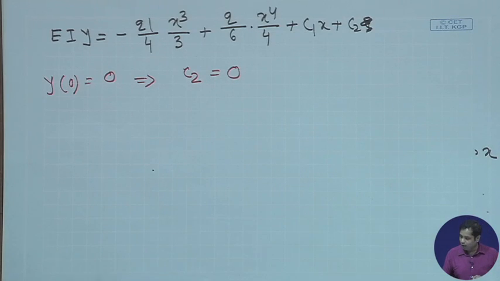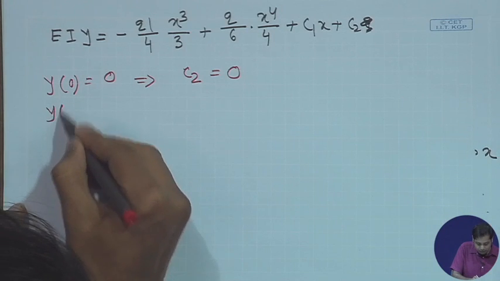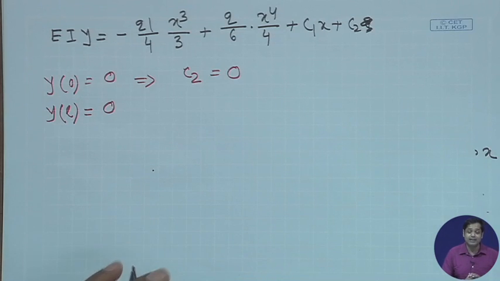Okay. Now, another boundary condition is at x equal to L, y of L is equal to 0, meaning x is equal to L, y is equal to 0.